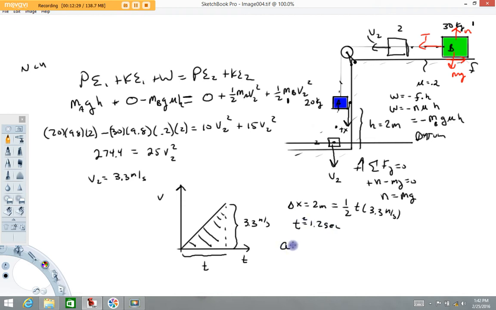And then our acceleration, which is rise over run. Now keep in mind on the graph, that's the rise, that's the run. So the acceleration is going to be 3.3 meter per second over 1.2 seconds, or in other words, approximately 2.75. I'm just going to say about 2.7 meter per second squared.